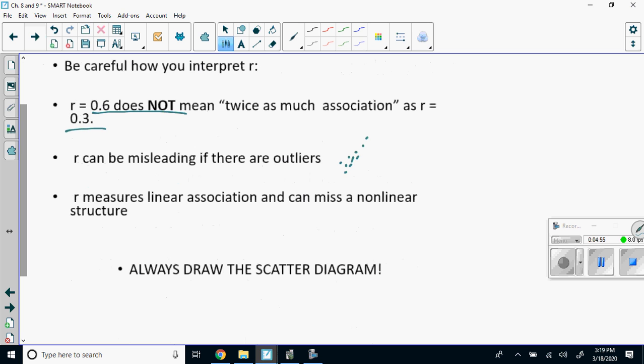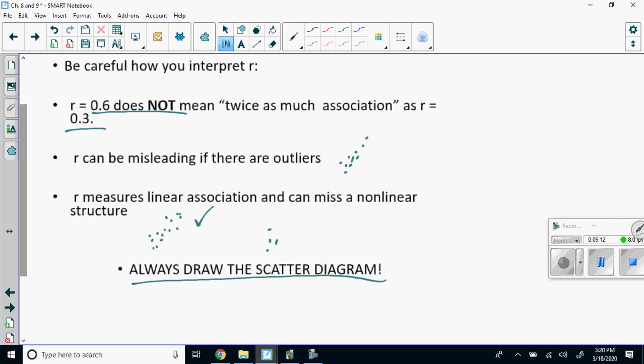R measures linear association. And so if there's an association that's nonlinear, R is not going to work. What that means is you always need to draw the scatter diagram. Because if you have a scatter diagram like this, R is great for it.